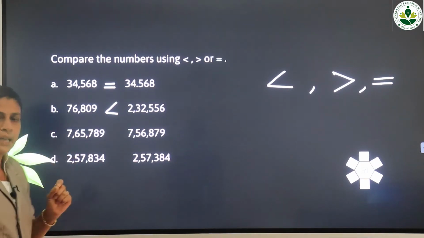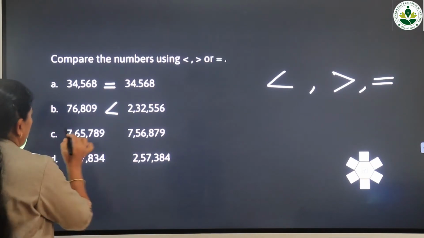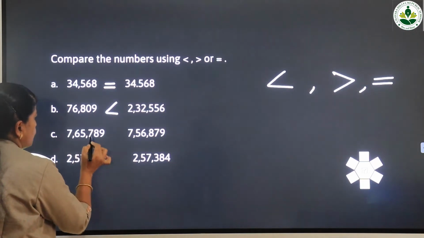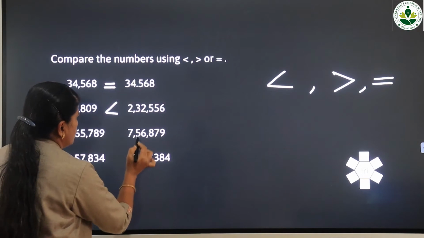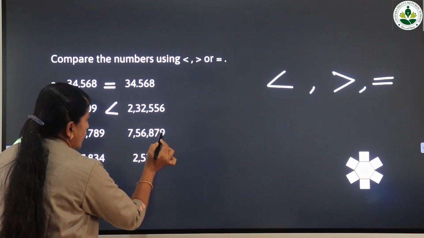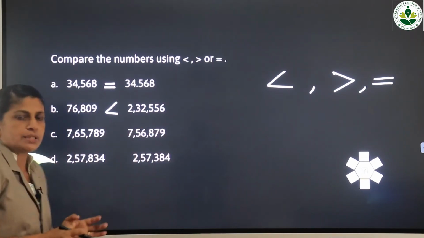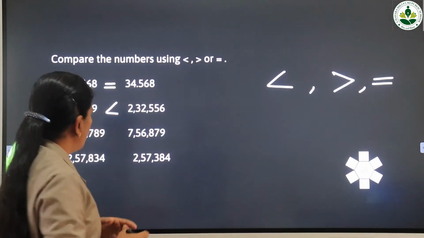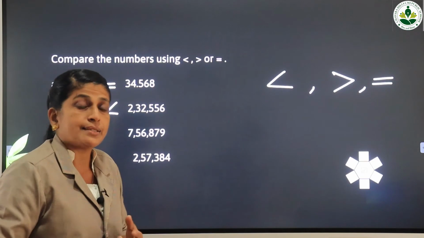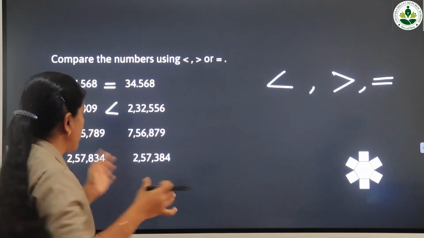Then the third number. How many digits are there in the third number? 1, 2, 3, 4, 5, 6. Then the next number, 1, 2, 3, 4, 5, 6. Both numbers have the same number of digits. Then what should we do? Then compare the digits in the respective places.